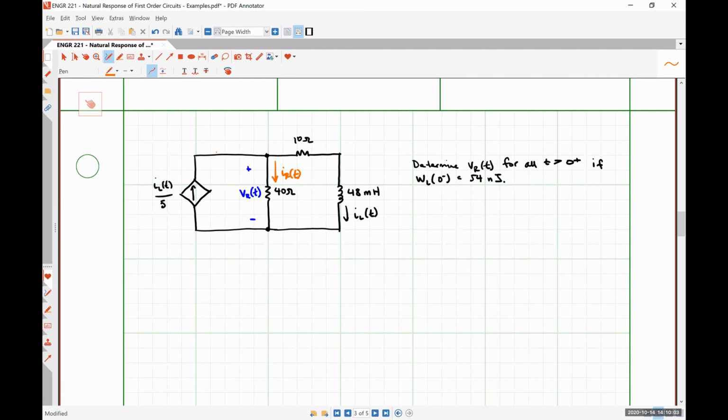Now, the current that I've drawn from left to right over that top left short circuit, how could I express that in terms of IL of t? This isn't supposed to be a trick question.